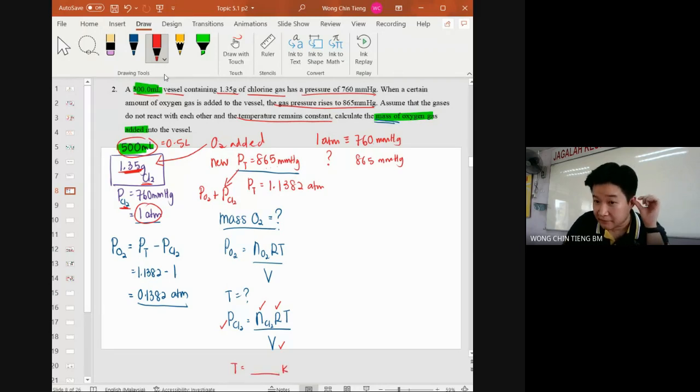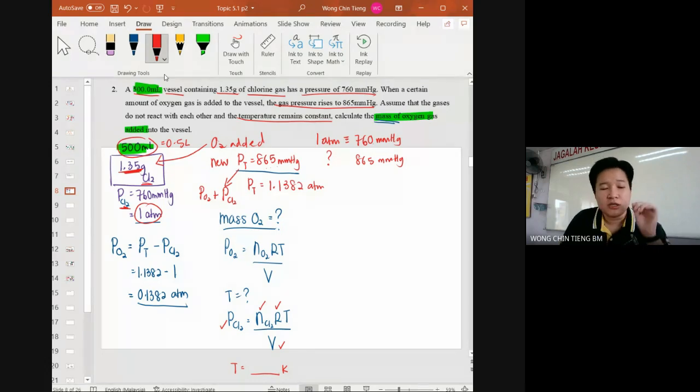Zul guna cara ni ke? Yes. Ya. Jawapan akan sama. Tak ada masalah. Saya tunjuk dua-dua cara sebab at the end of the day, it depends on how your mind thinks in the exam. Any method that comes into your mind during the exam, use it as long as it is correct. Panjang ke pendek, baik solution kamu panjang tapi jawapan betul daripada solution pendek tapi jawapan salah. Get what I mean?